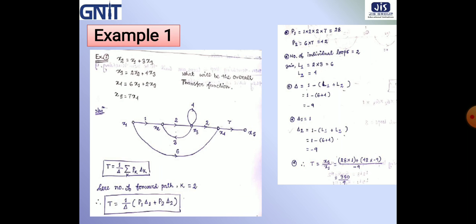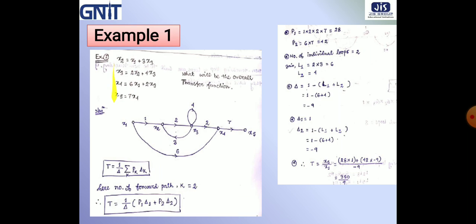Now, moving to our example 1, very important. Listen carefully. Here some equations are there. X2 is equal to x1 plus 3x3, x3 is equal to 2x2 plus 4x3, and x4 is equal to 6x1 plus 2x3, and x5 is equal to 7x4.